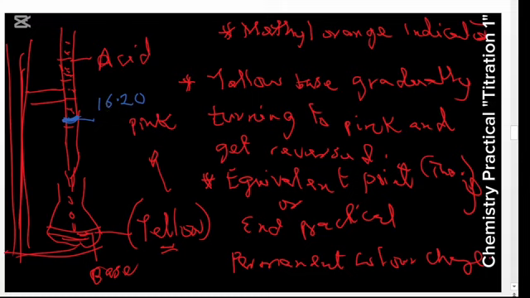Are you getting my point? So it will imply that I started with a titration of 0.0 and I stopped at a titration of 16.20. So if I'm to draw the whole stuff, I'm going to have it this way.